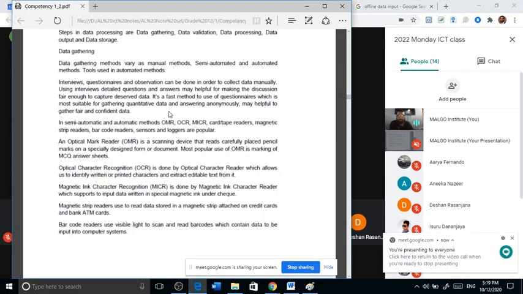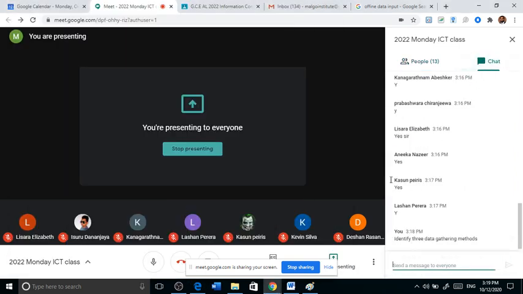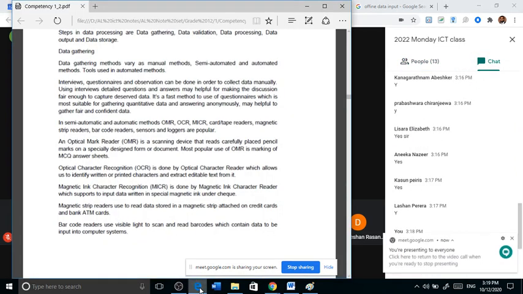Right, so name them: manual method, semi-automated and automated methods. Right, finished writing, Pudha?